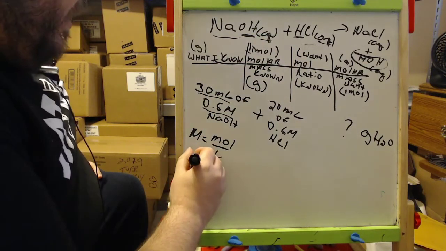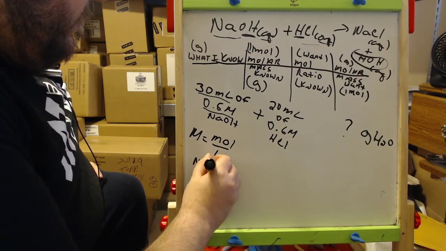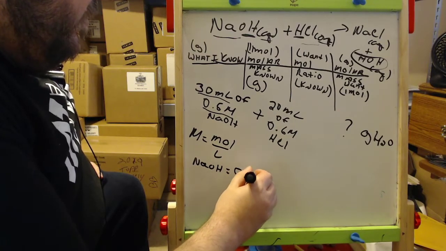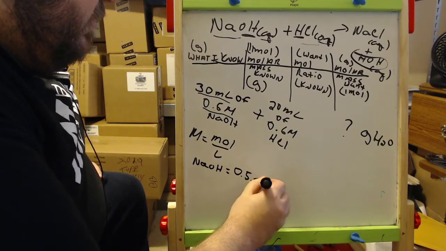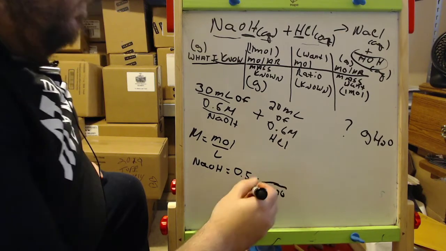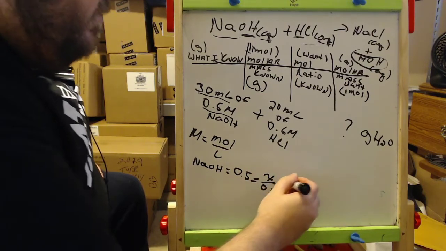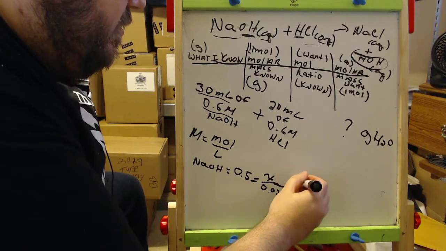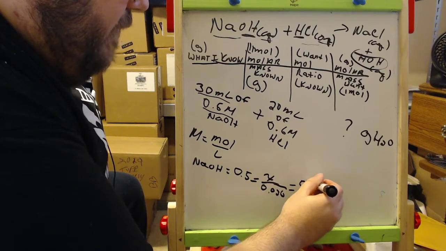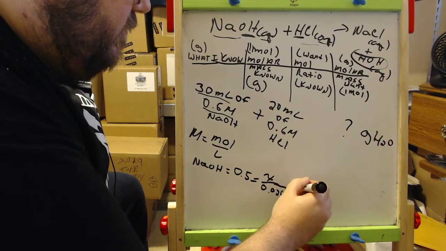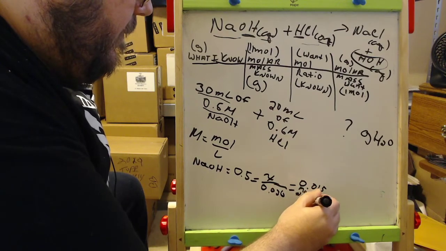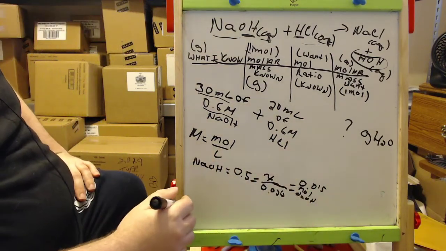So for NaOH, it would be 0.5 equals 0.030 over X, which would give us 0.015 moles of NaOH that we are going to use.